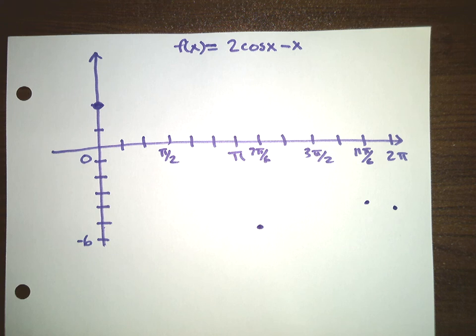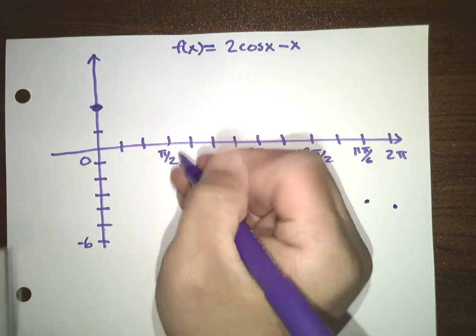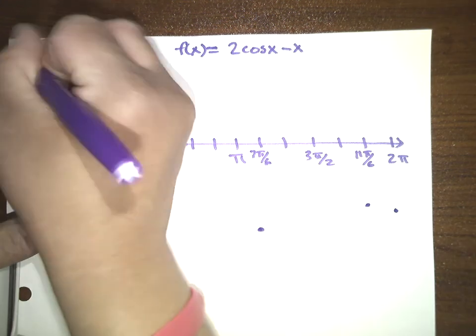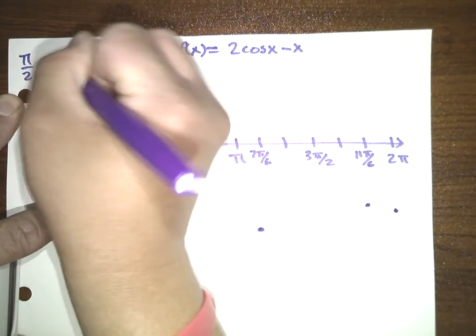So just try to remember this if you can. Remember pi over 2 was about 1.57.